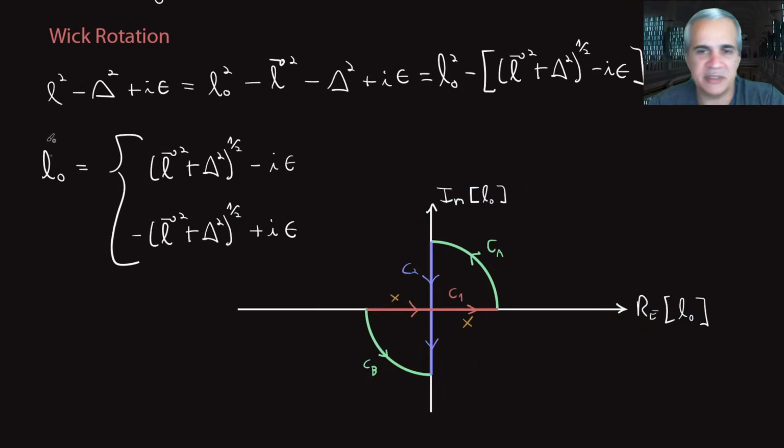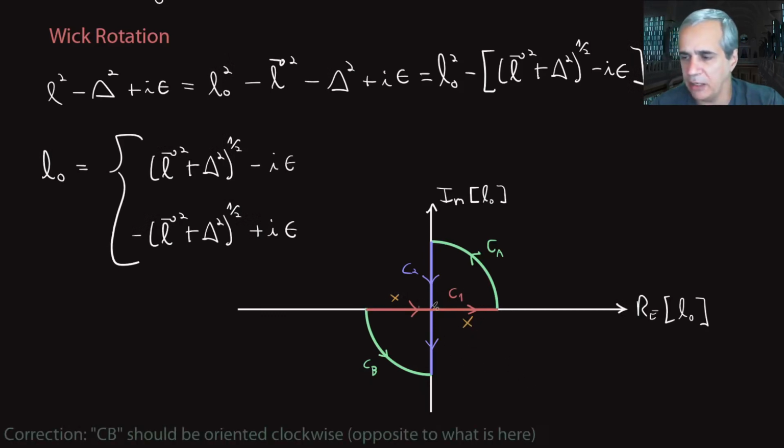So now I'm extending L0 to the complex plane. The integral I had before is this red one, called C1 here. The path of integration is C1, and the poles are here and here. Now I can complete the path by putting in these two green curves and the blue one.